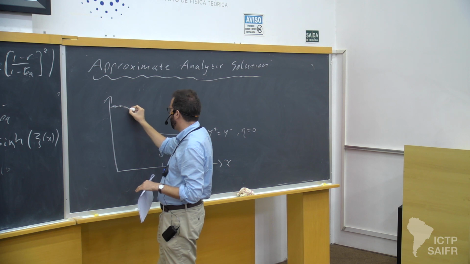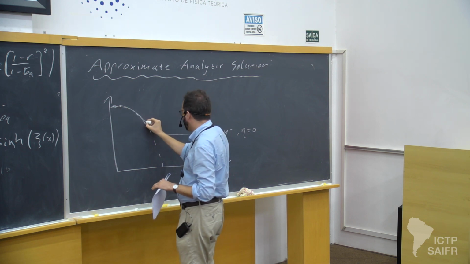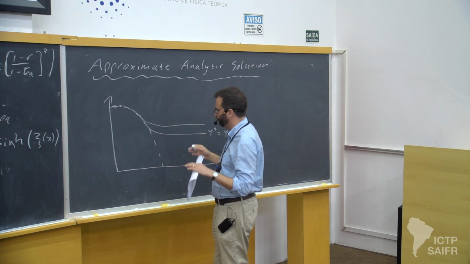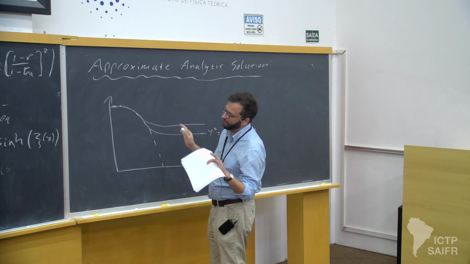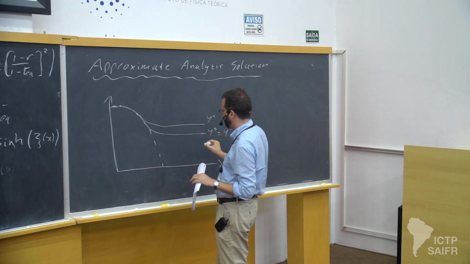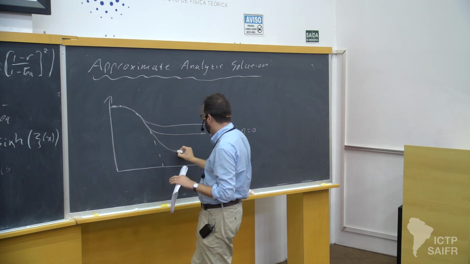But then they'll start annihilating, and then they'll freeze out, and you'll have something like this. We'll have both y plus and y minus. While y plus will do something like this, y minus might do something like this.